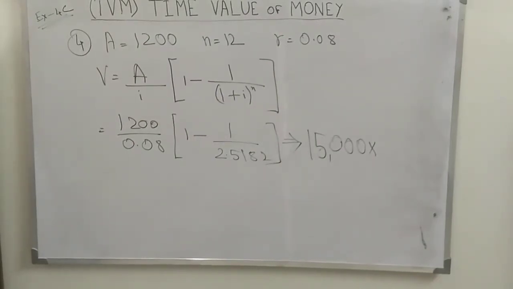That means first calculate 1 by 2.5182. The value is 0.3971. That means 1 minus 0.3971, which is equal to 0.6029.